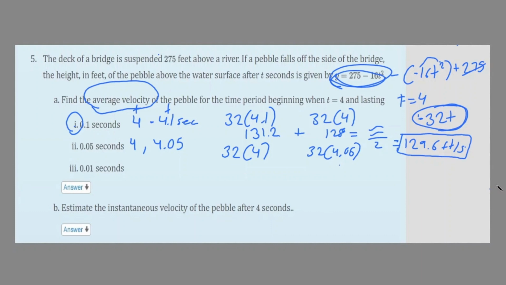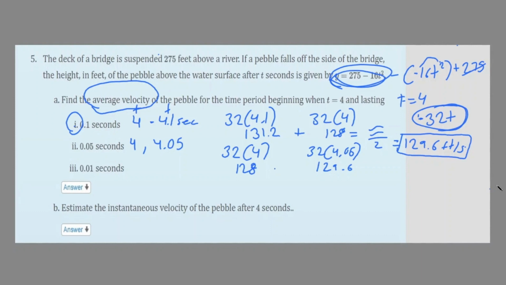For 32 times 4.05, we end up with 129.6, and 32 times 4 is 128. Funny enough, the velocity at 4.05 is the exact same as the average velocity of the first part.